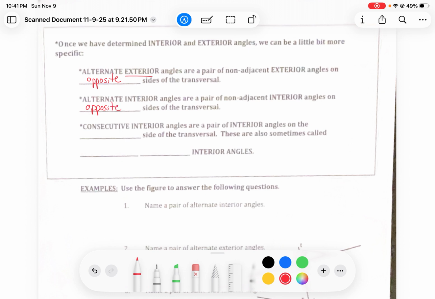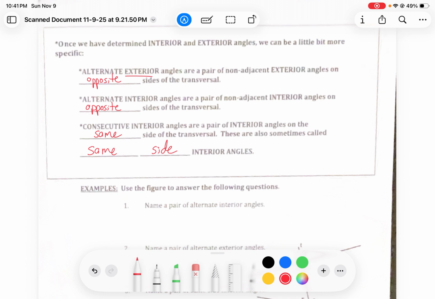They just happen to be on the inside, one of those interior angles. Consecutive interior angles are a pair of interior angles on the same side of the transversal. These are also sometimes called same side interior angles.